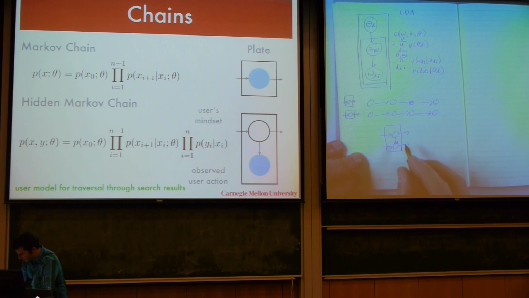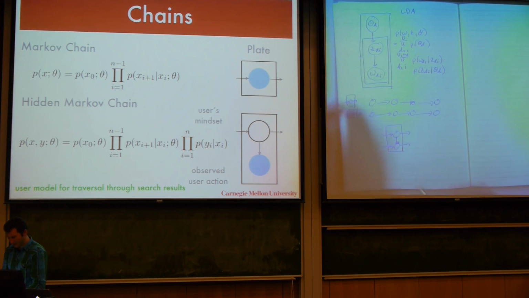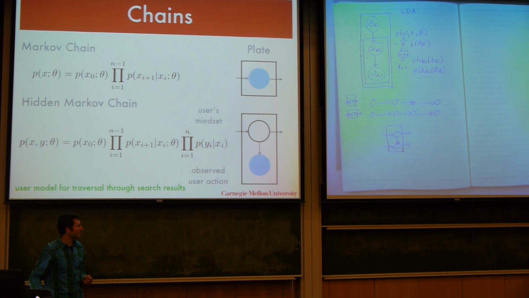So the difference is that in this case, since these two chains are running in parallel and don't know of each other, I might as well just write them separately. On the other hand, if they actually do depend on each other, then I need to put them jointly into one box to model this dependence explicitly, and then I just repeat that.